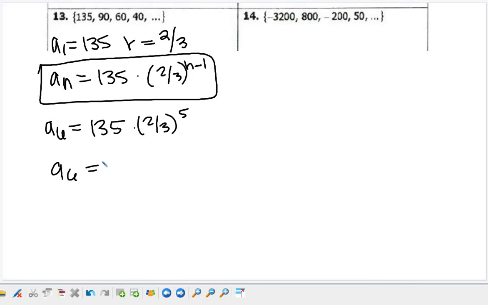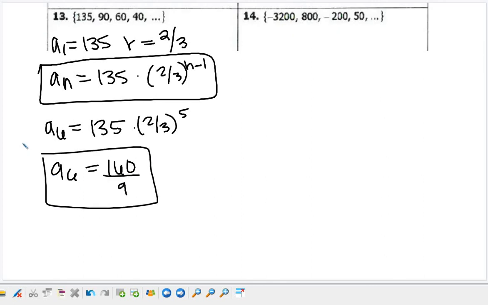So make sure you put your 2/3 in parentheses. 2/3 to the 5th times 135. So because that's a repeating decimal, I'm going to change it to a fraction. It's not a terminating decimal, so I'm going to change it to a fraction because I don't really want to round. So we'll do 160 divided by 9.